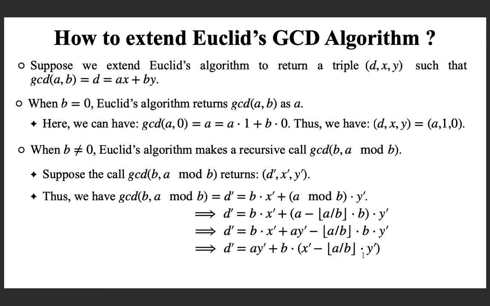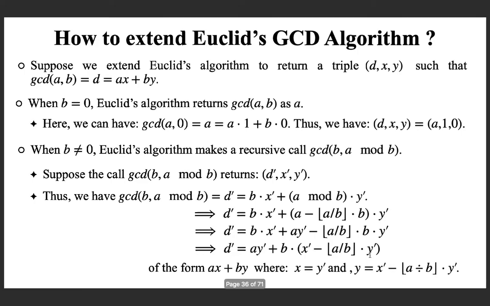Okay, so this is what we are getting. Now you verify that this is the linear combination of a and b, a multiplied by an integer plus b multiplied by an integer. So this is of the form a multiplied by an integer plus b multiplied by an integer, where we are multiplying y prime with a. So this x is nothing but y prime, and what is multiplied as y here? This quantity.